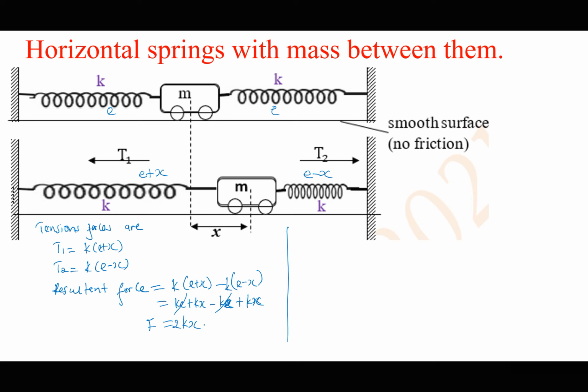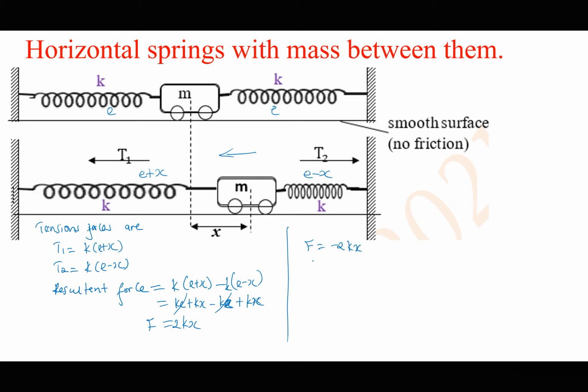But remember, the resultant force acts in the opposite direction to the displacement, because the tension to the left is going to be greater than the tension to the right. So the resultant force is acting in that direction. So I will simply say that F is therefore going to be equal to negative 2kx.